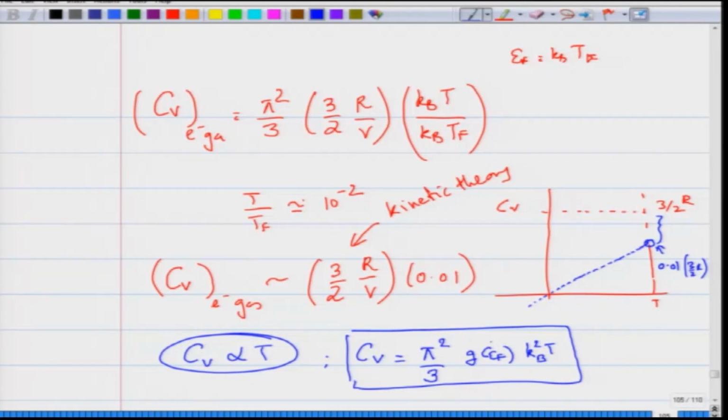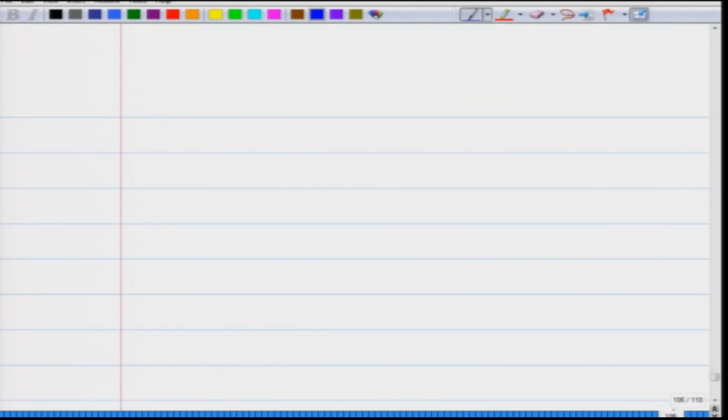And this term, this constant Cv can be written as gamma times T. The specific heat of the electron gas can be written as some constant into gamma times T, where gamma is called as the Sommerfeld's constant.